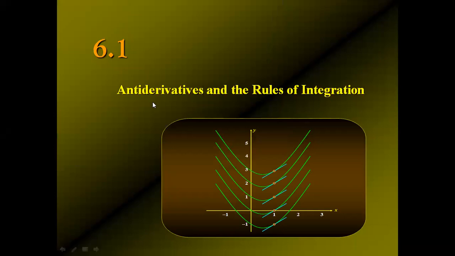Now we'll try to learn about antiderivatives and the rules of integration. This is the x-axis and this is the y-axis, and this is the first curve, second curve, third curve, fourth curve, and fifth curve.